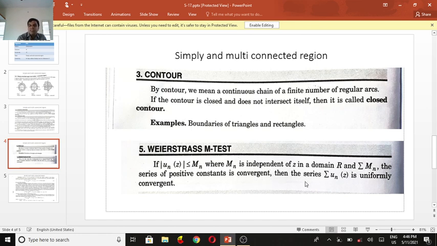Then the series summation u n of z is uniformly convergent.